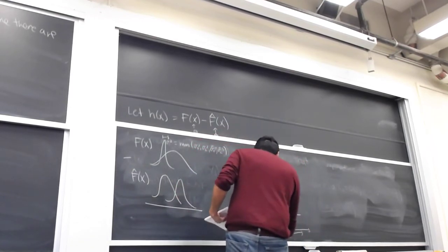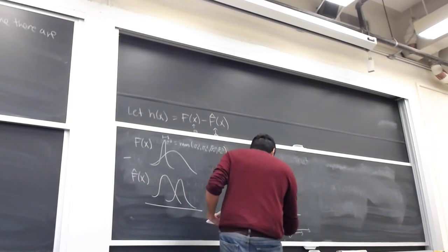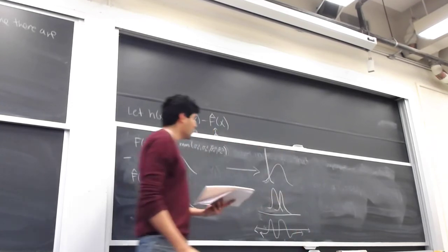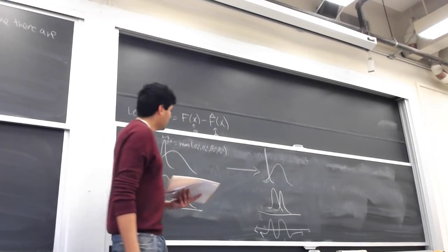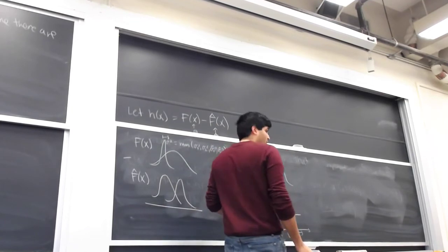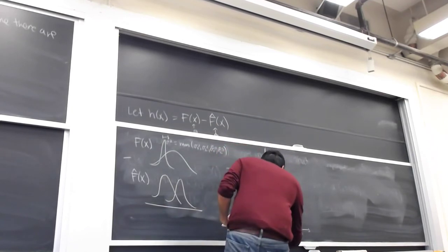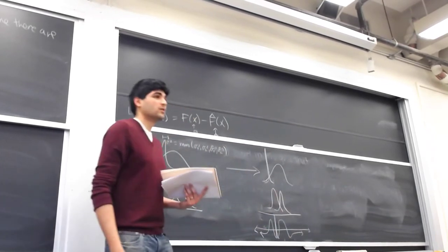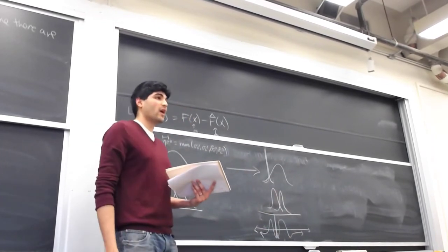I guess let me actually draw it this way. So I have at most 4 zero crossings. Now the point is, when I add back in this delta function, I can add at most 2 zero crossings. One on the way up and one on the way down.